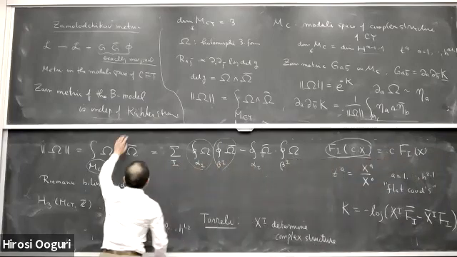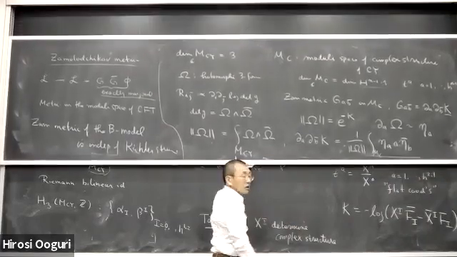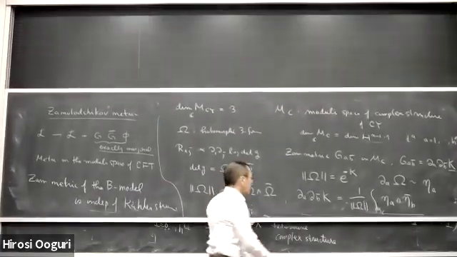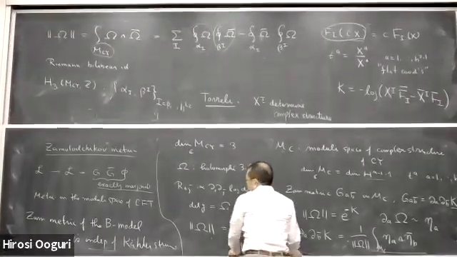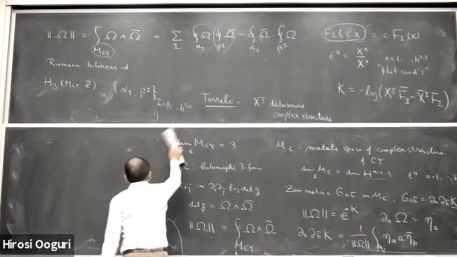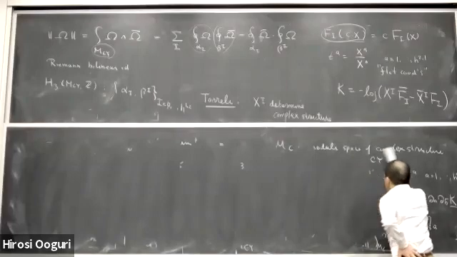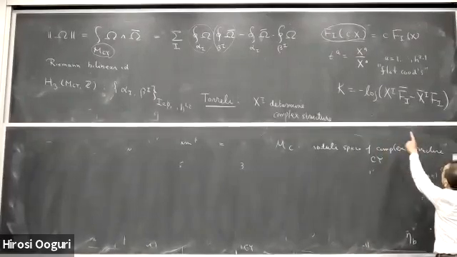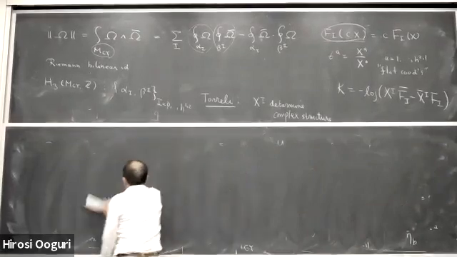Whatever you can say about the B model happens in the A model too. So this type of structure is also hidden in the A model, and you can derive all these structures like flat coordinates and period integrals, etc., for the A model too.